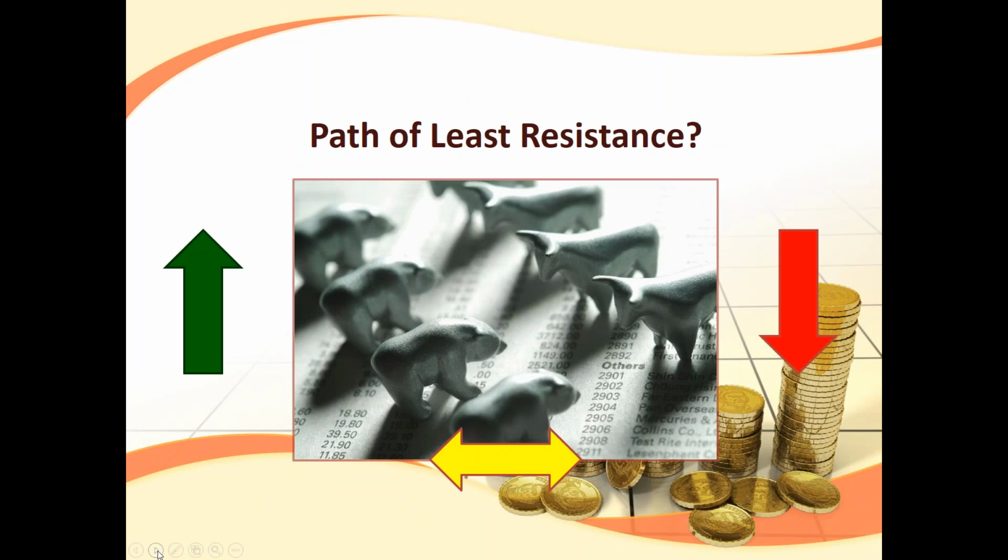So, path of least resistance. On the S&P, other than the resistance it's made here recently and the Fibonacci levels, the path of least resistance still remains basically up on the S&P, or sideways within a slight trading range.